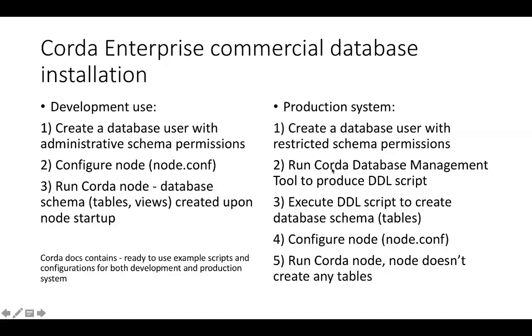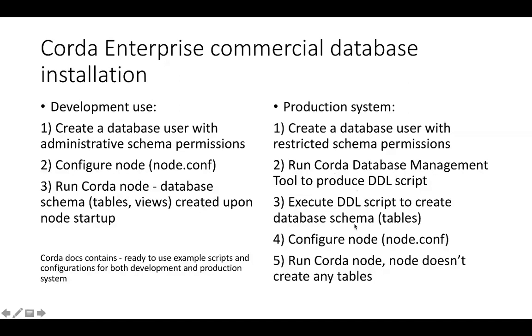So if the database administrator wants to see what will actually be run against the database, he can extract this DDL script from our Corda management tool. He needs to connect to the given database for this.